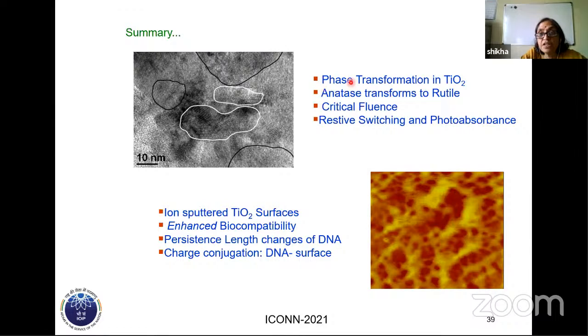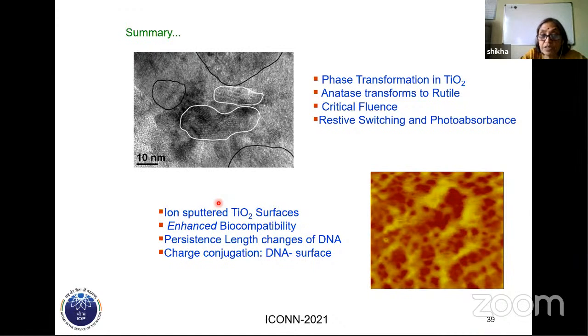So in summary, first we saw the phase transformation in TiO2, where the anatase transforms to rutile at a critical fluence. The critical fluence was seen from Raman and XRD. And this shows resistive switching and photoabsorption properties. But the interaction with DNA shows us that the wetting of this surface has also increased. And the reasons are two. One is the formation of nanostructures on the surface, so that the wetting improves.